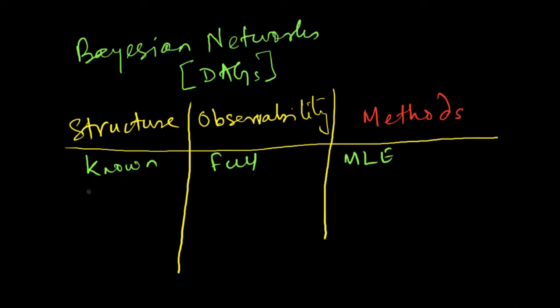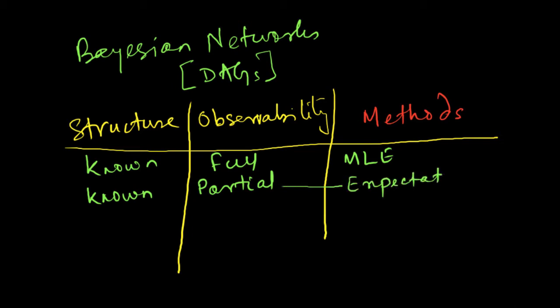So for example, the structure could be known, but observability could only be partial, that you can see some part of the information which is available, but the other part could be not available. In that case, you have to use other algorithms, and the most popular one of them is called expectation maximization, which is what we are going to learn in this video.